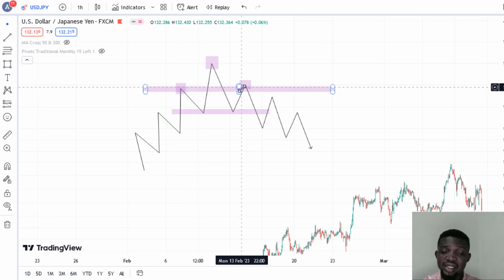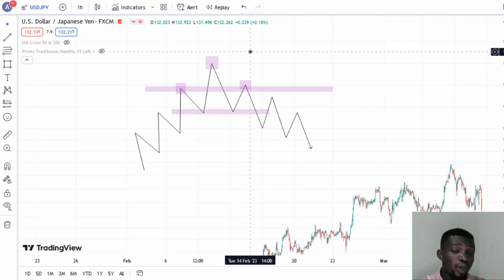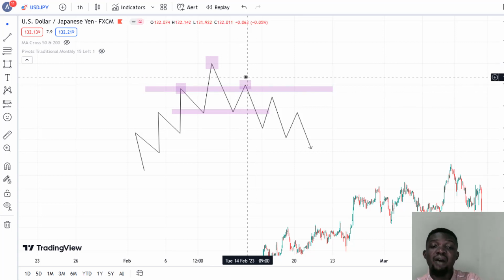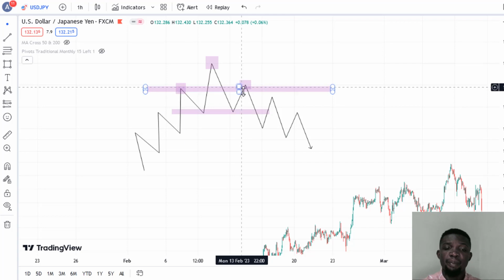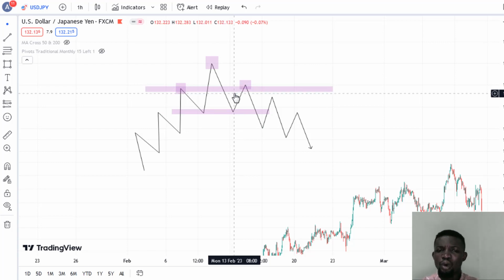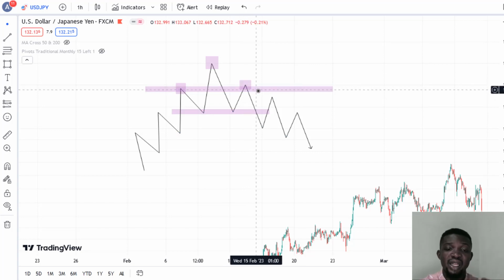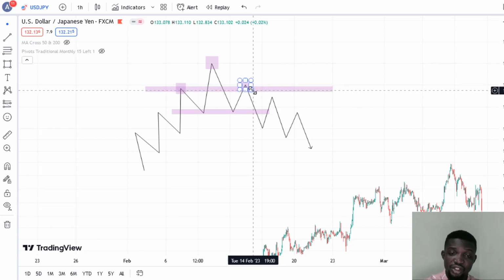So we wait and see if price is going to break and give us a new higher high, or if this will eventually turn out to be our right shoulder. And when that happens, we wait for when we notice price is having some difficulty in breaking this resistance here, then we watch out for a reversal candlestick. Once we see the reversal candlestick here, that is when we start making our sell entries from this right shoulder here.